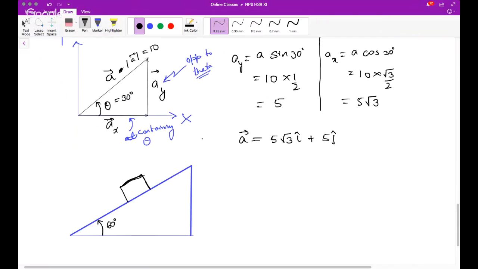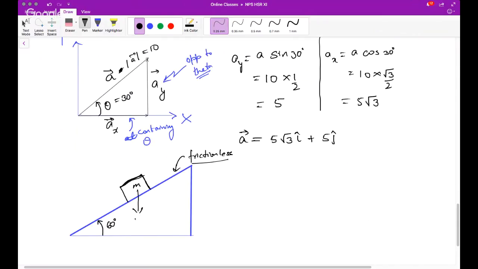Now, if you remember, we used to draw a free body diagram. Let's say this surface is frictionless, so there is no friction acting on it. Now, what all forces are acting on this block? Let's say the block has a mass m.